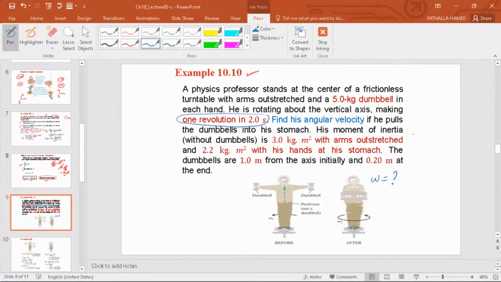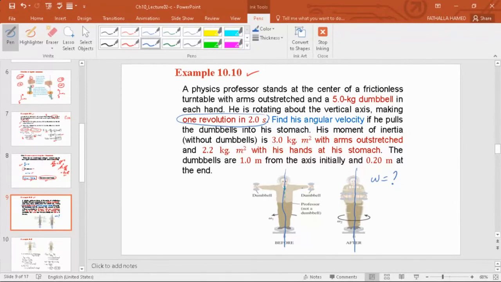His moment of inertia without the dumbbells is 3 kilogram meter squared with arms outstretched, and 2.2 kilogram meter squared with his hands at his stomach. So now we have 2 different situations here. That's the axis of rotation, and again that's the axis of rotation.